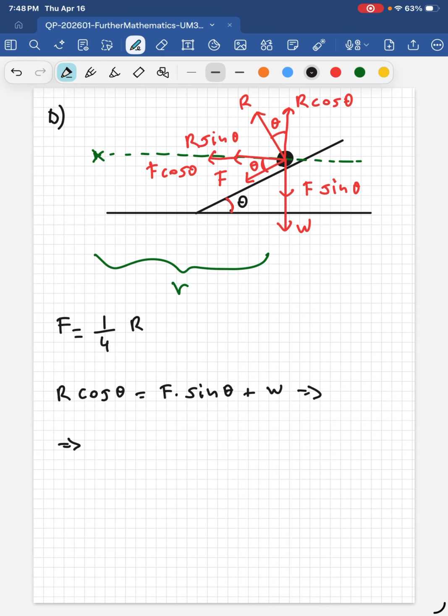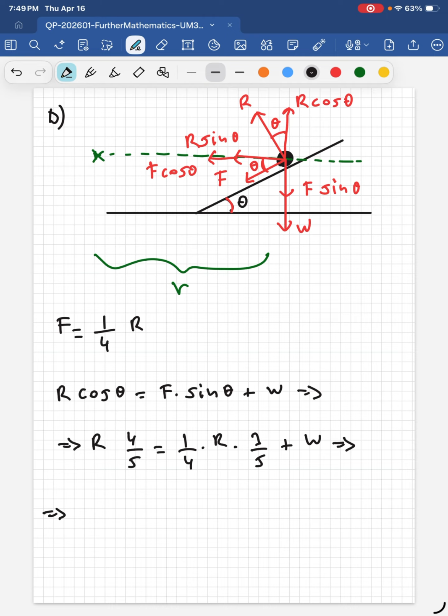And now we will plug in the fact that R is unknown, the cosine of theta is 4/5, and this is equal to the friction, which is 1/4 times R, times sine theta, which is 3/5, plus the weight. Okay, so we will find an expression for the reaction force using this methodology, which we will use later to find the velocity.